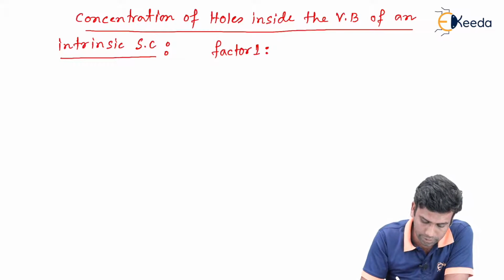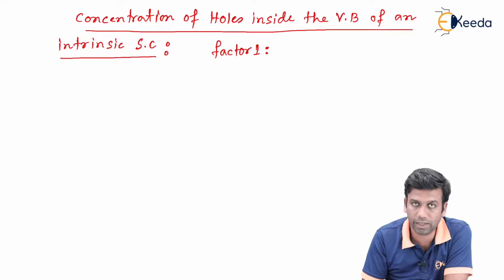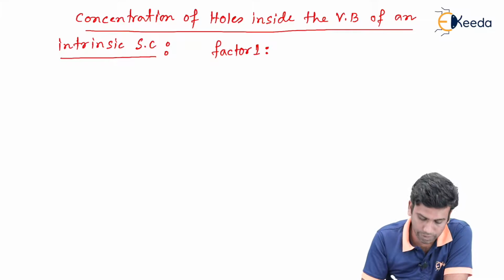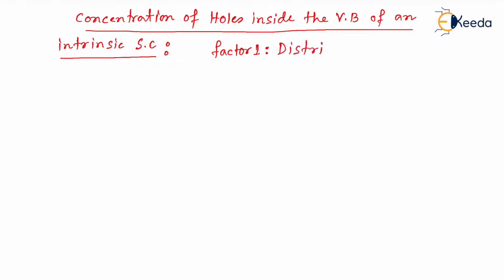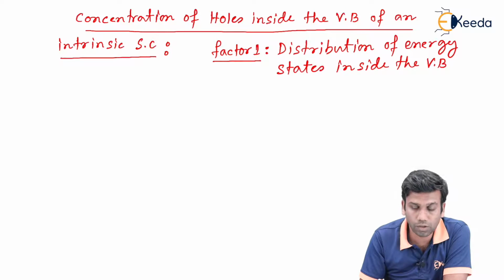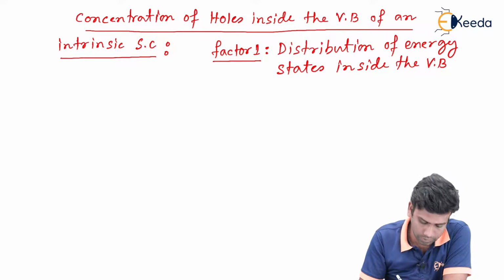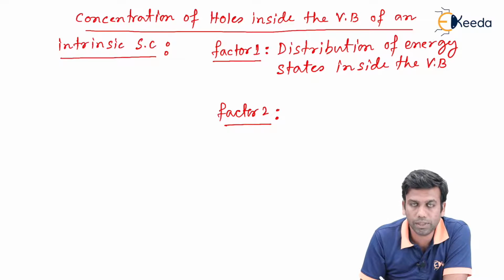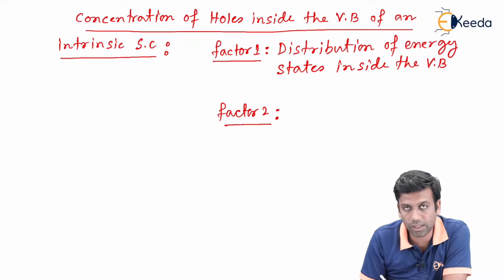So, factor 1 is the distribution of energy states inside the valence band. And factor 2 is what is the probability that these energy states will be occupied by an electron.